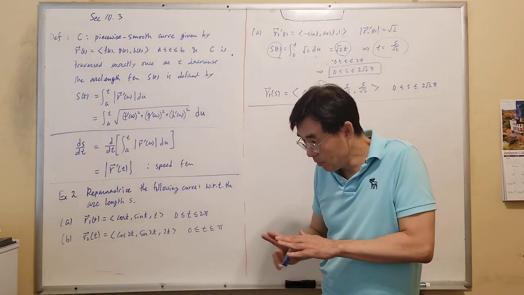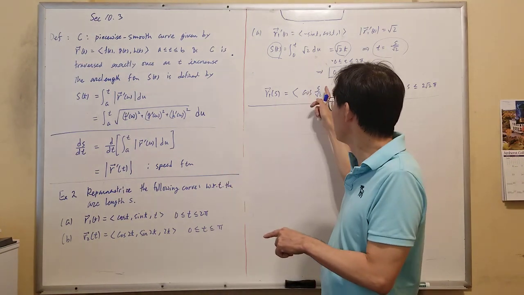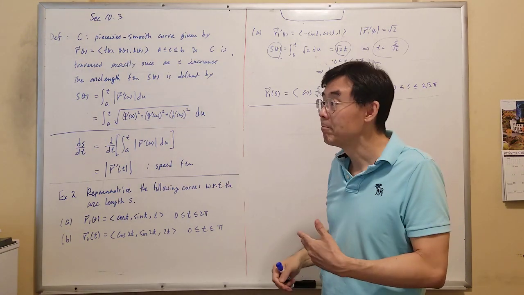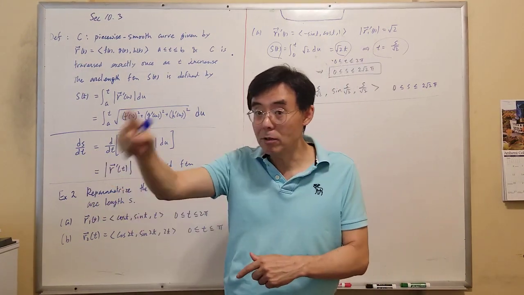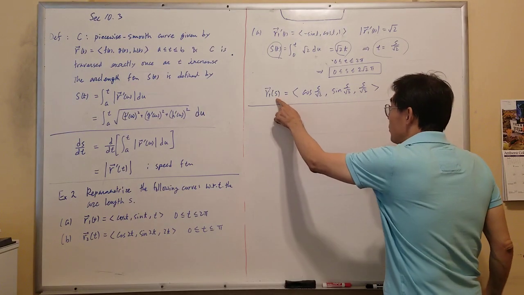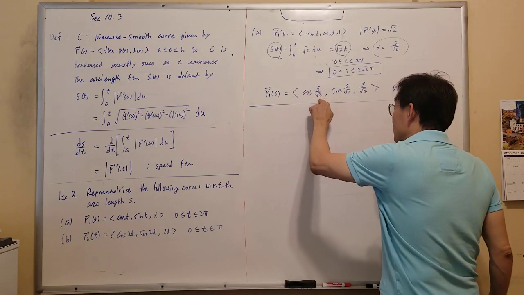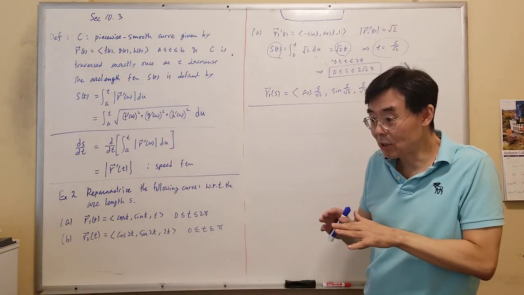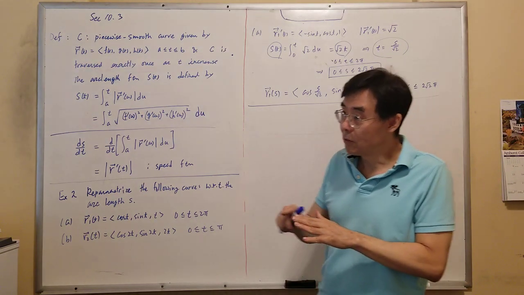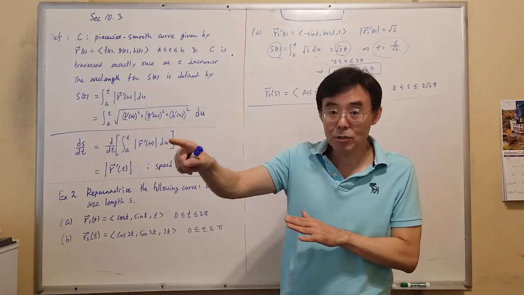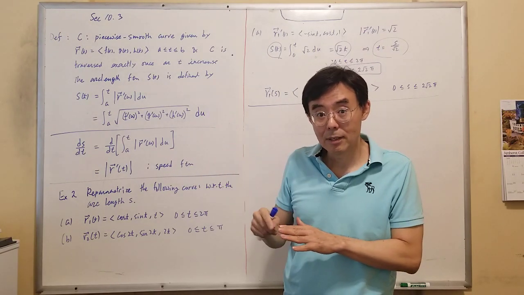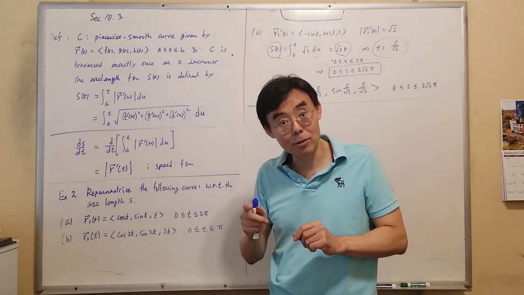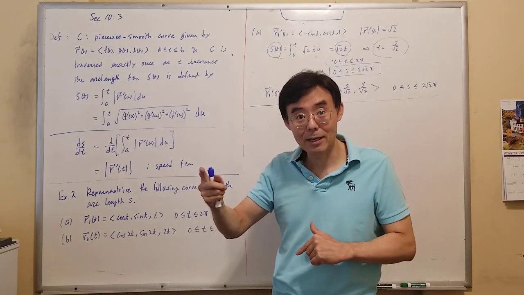If I travel along the curve 2 meters, I will be at the s equals 2 position. If I travel 10 meters along the path, I will be at cosine of 10 over this, sine of 10 over this, and 10 over this. So it describes your position at each point on the path as a function of the distance traveled by you so far. Okay?